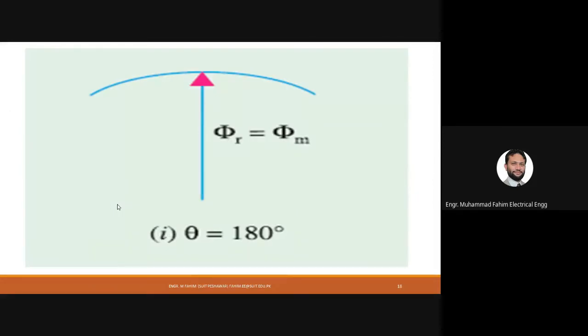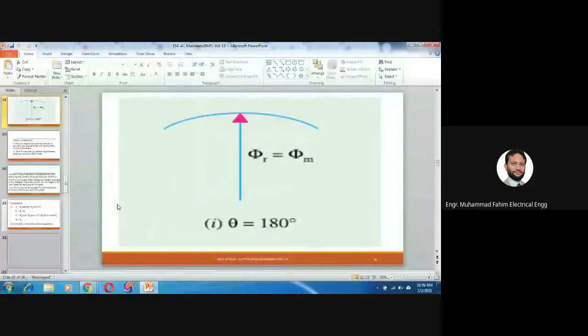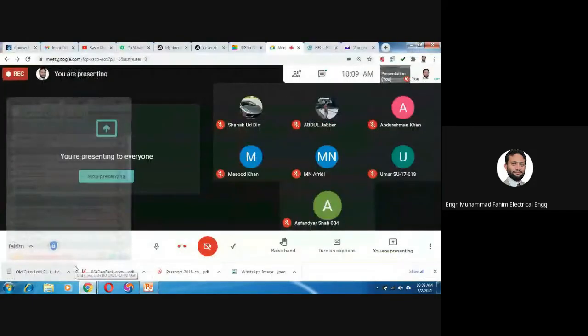So this is the resultant flux that is equal to phi max, and theta is 180 degree from the initial one.